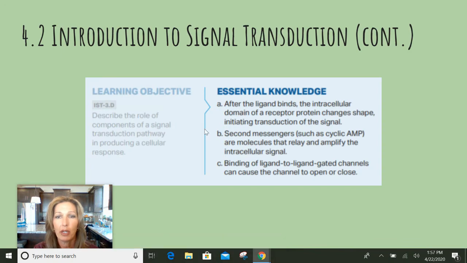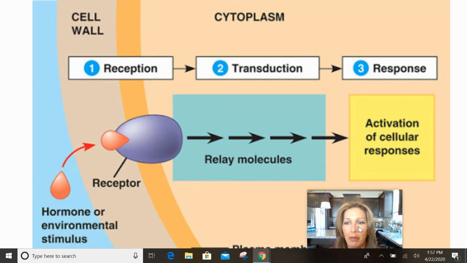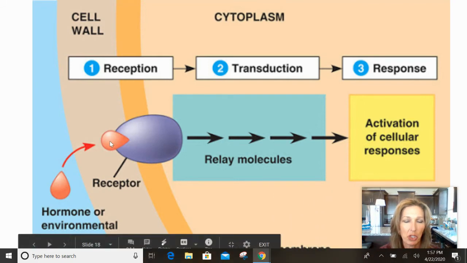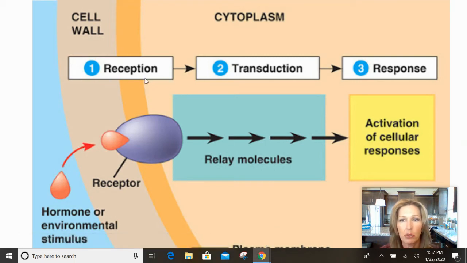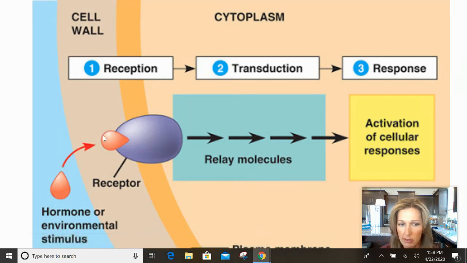So when we're addressing these secondary messengers or ligands, they're just different ways that reception and then the initiation of a transduction can occur. Our three basic steps of signal transduction pathways: the cell has to receive the signal. There's a receptor protein that matches the ligand, the hormone, or the environmental stimulus.